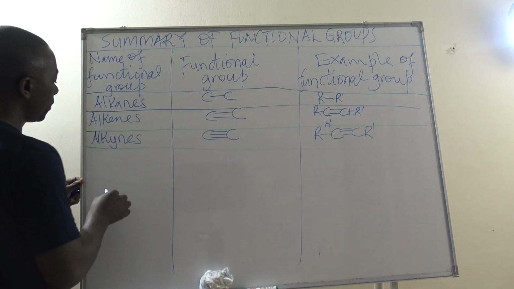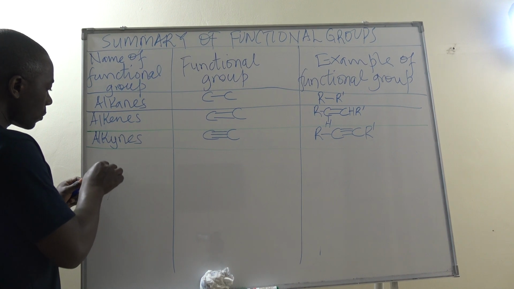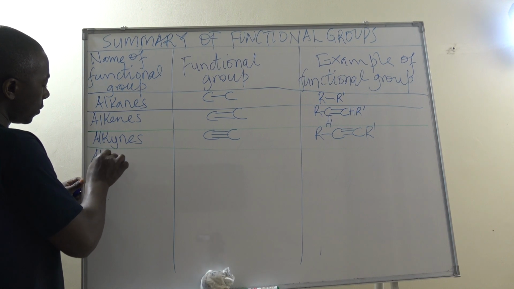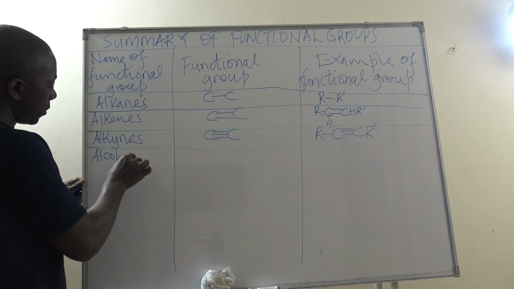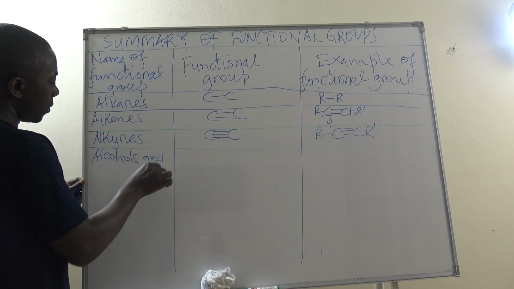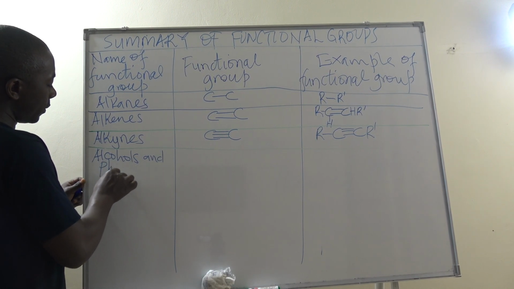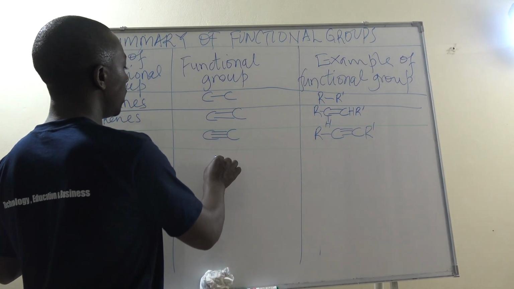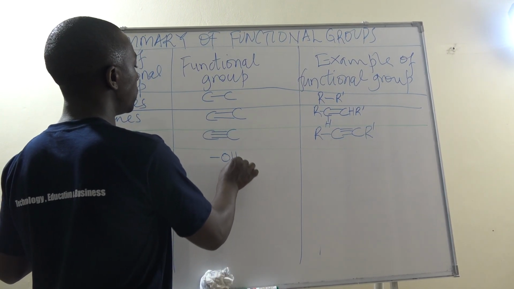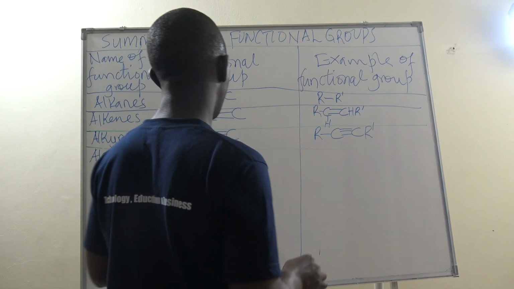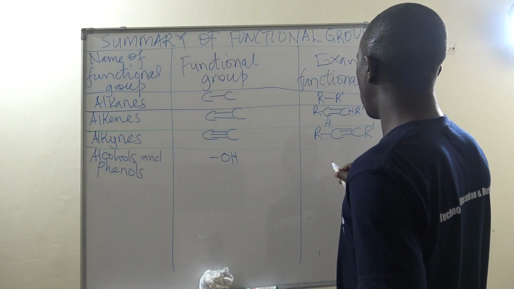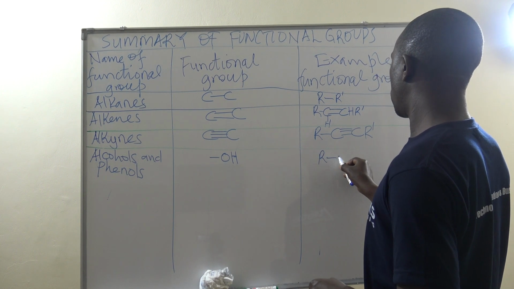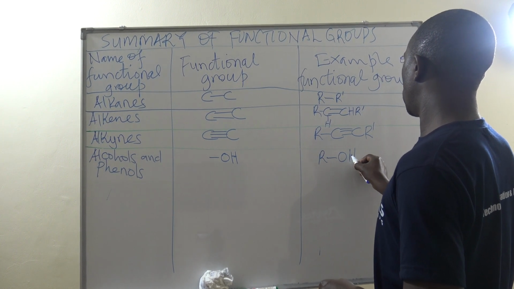From alkynes, we can go to alcohols and phenols. Alcohols and phenols have a functional group of OH, and we can represent them by R-OH.